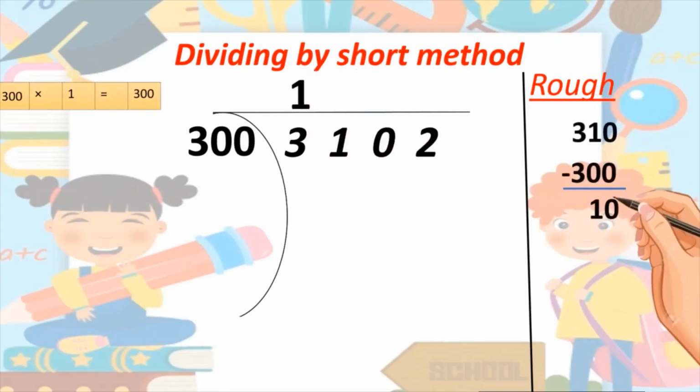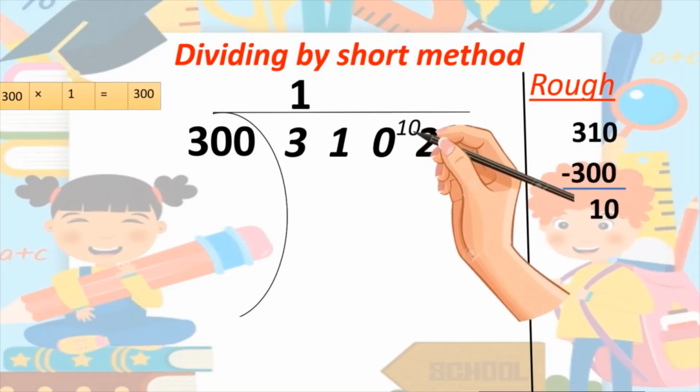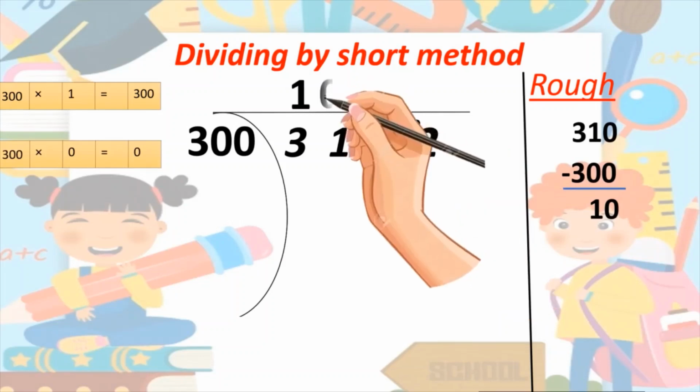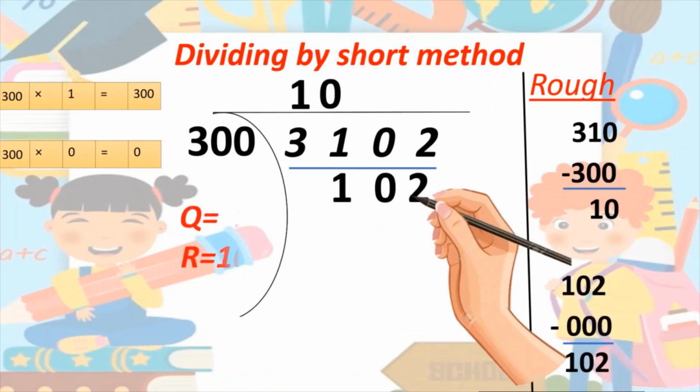So now 310 minus 300 is 10 here, and we add the next digit and find the number to be 102, which is less than 300. So 300 zeros are 0 and we are left with the remainder as 102. So this is what we have to write, only the quotient and the remainder in the short method.